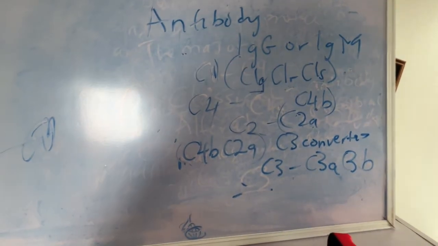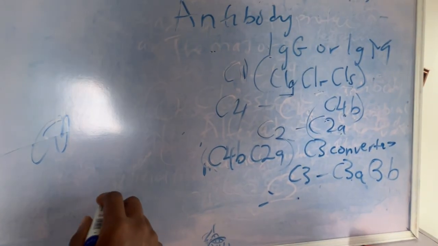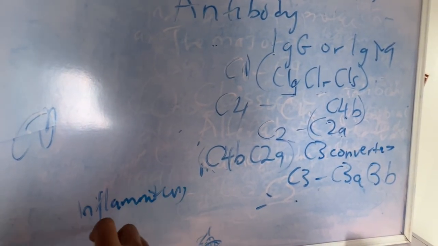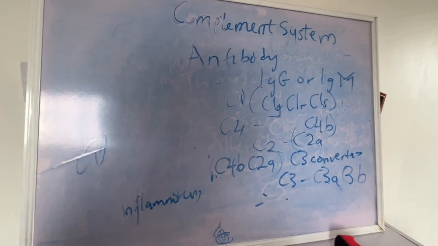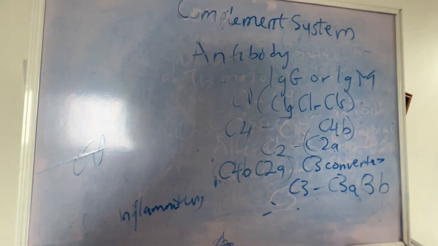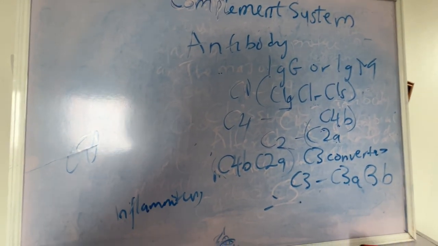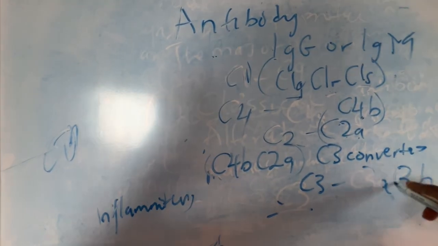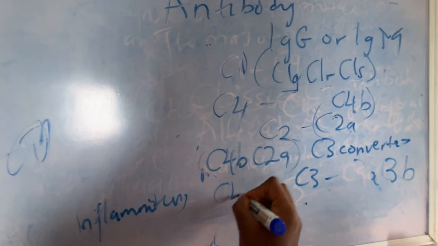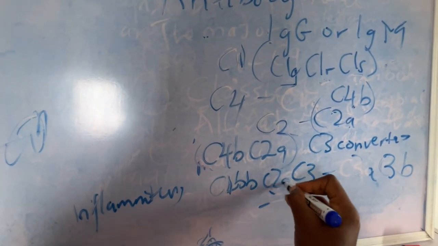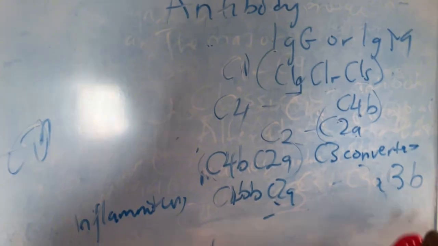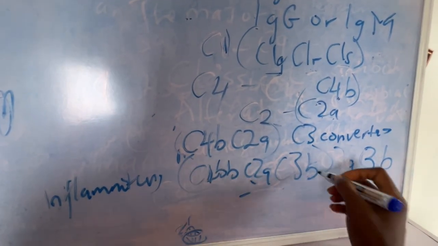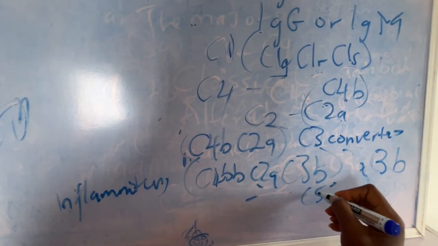The reaction continues. C3a goes ahead to become an inflammatory molecule. It enhances inflammation. It's also an anaphylatoxin, and it can also serve as an opsonin to enhance phagocytosis. Then C3b goes ahead and binds to C4b and C2a. So it becomes C4b, C2a, and C3b. This is known as the C5 convertase.